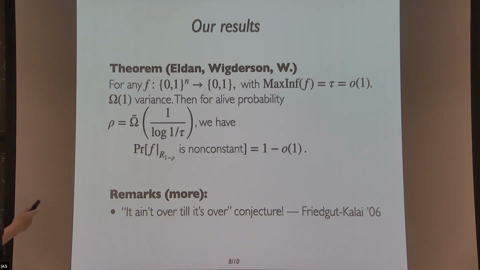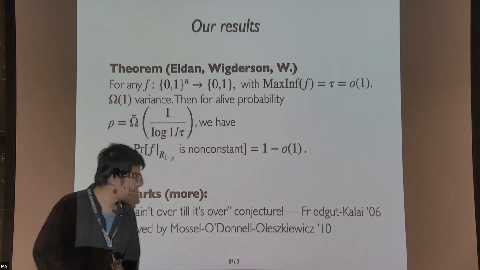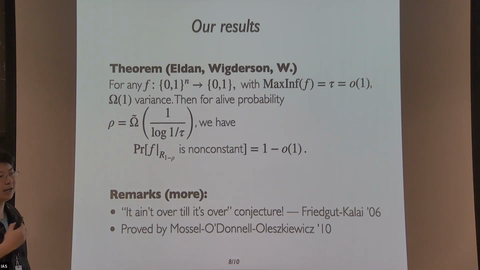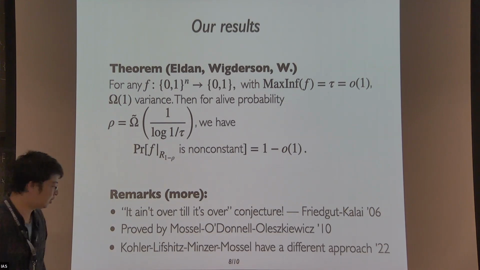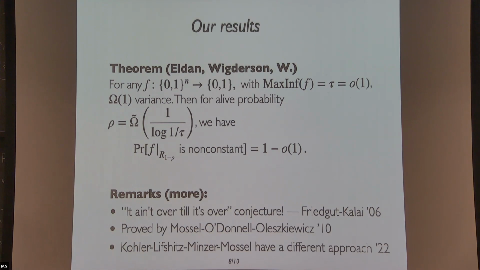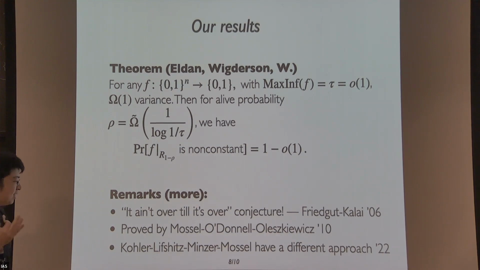The original conjecture was actually proved by Mossel, O'Donnell, and Oleszkiewicz in 2010. In our work, we make a sharper version of the theorem. I also want to mention that around the time we obtained our proof, another group, Lifshitz and Miller, had a different approach. I think it is quite amazing that over one decade there was no progress on this problem, but at the same time we have different approaches to make this result sharp.